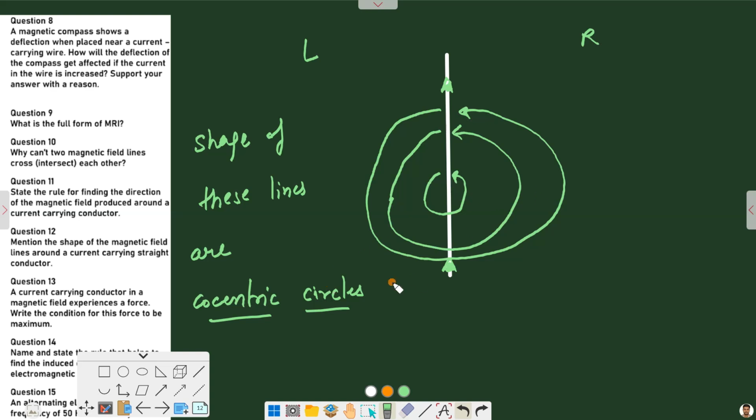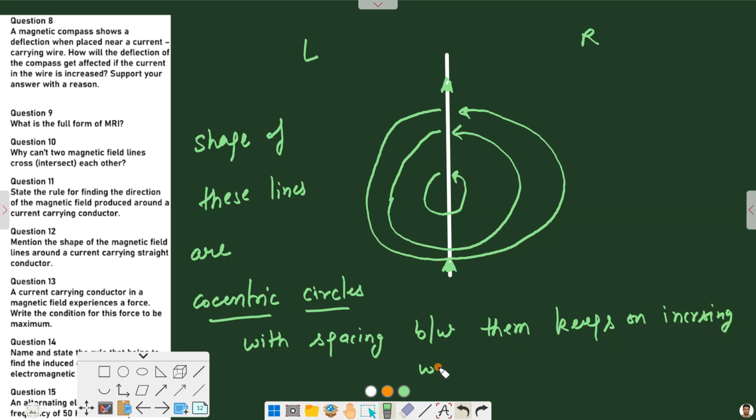Their spacing keeps on increasing with the distance from the conductor. The space between these lines keeps on increasing as distance increases, because as we move away from the conductor, the value of magnetic field reduces.